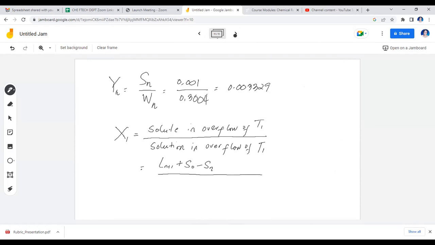Now, for the solution, you have omega sub n plus 1 plus solution in the feed minus solution in the last thickener.